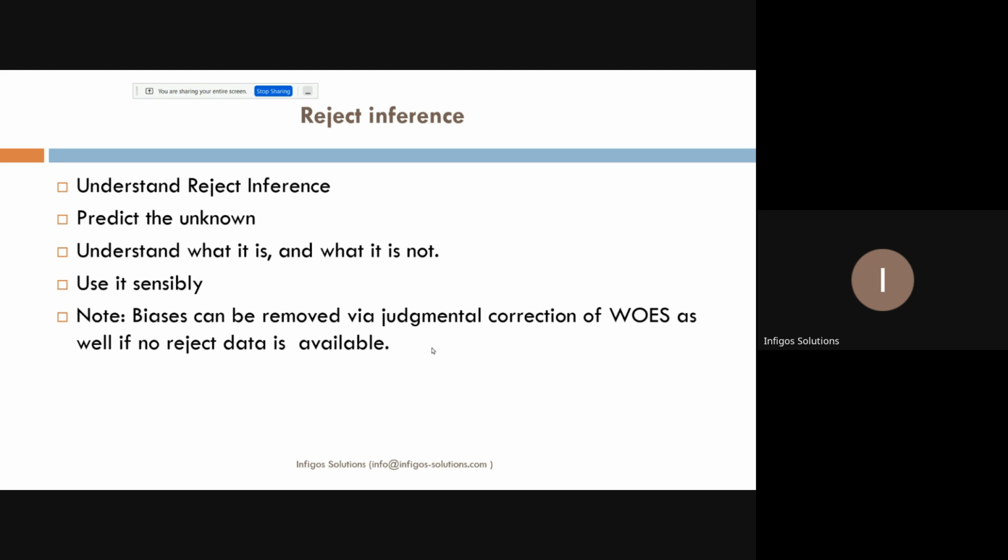After making the model on 80 customers, you want to include those 20 also in the model by some means. By some means, reject inference, which means you'll make a prediction for the 20, how many are good, how many are bad. And that is called inference. This is how bias is removed. Okay, sir, thank you.